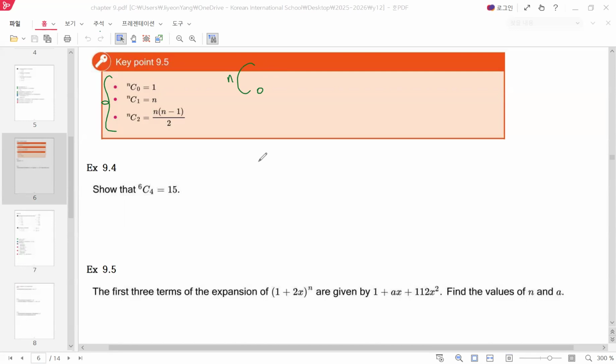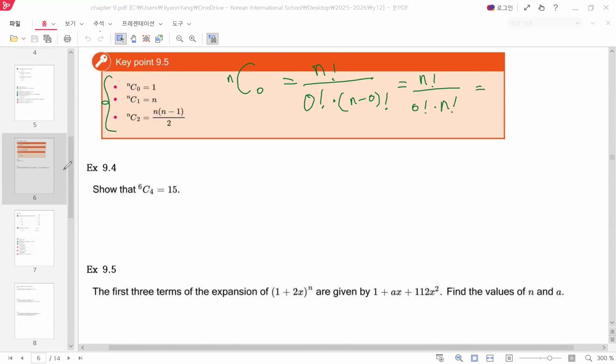Please keep this in your mind and let's substitute it together. So n combination 0 equals n factorial divided by, r is 0, so 0 factorial times n minus 0 factorial. Do you understand? Which is n factorial divided by 0 factorial times n factorial.